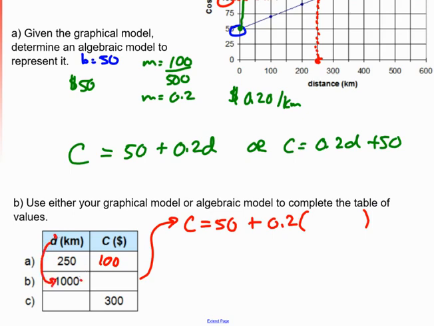D is 1,000. Well, 0.2 times 1,000 will give us 200. So our total cost is 250.